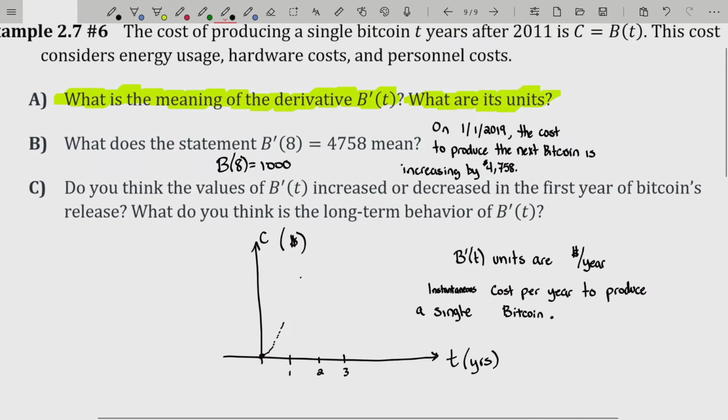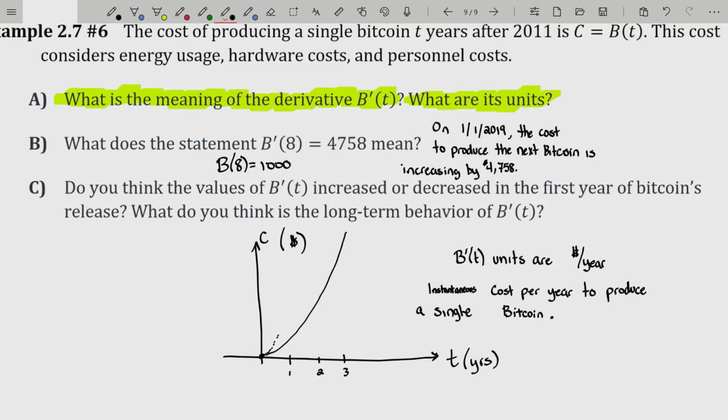But the thing about this question, it's really a very detailed, complex question to answer, because it's not just saying, hey, is the function increasing? That does make sense. The cost of Bitcoin rises.